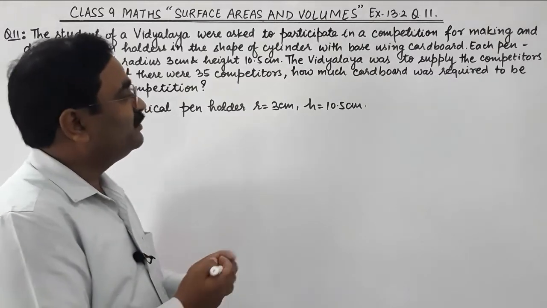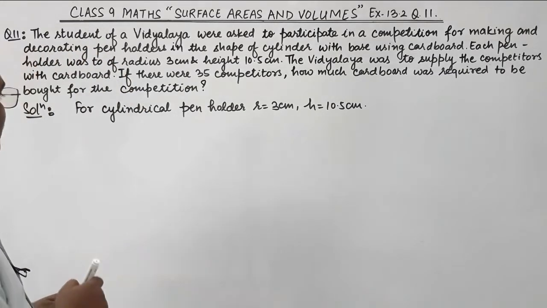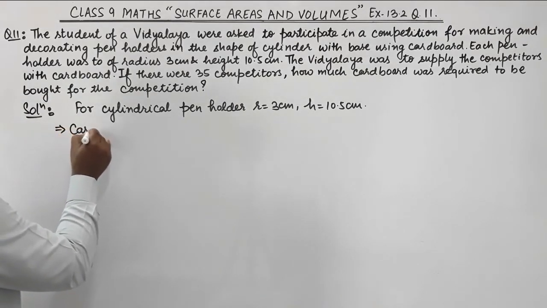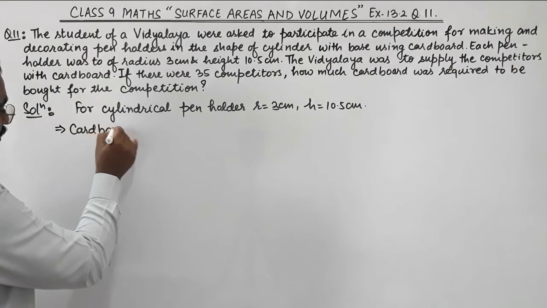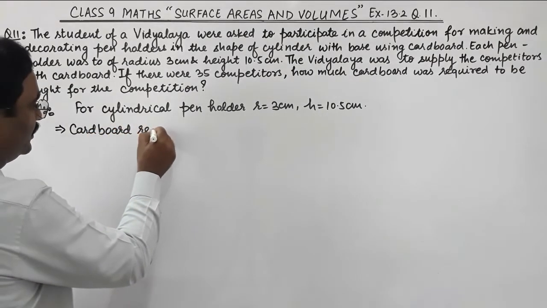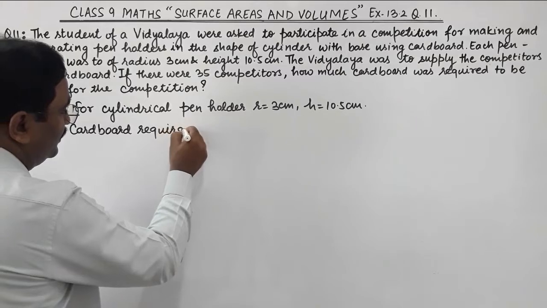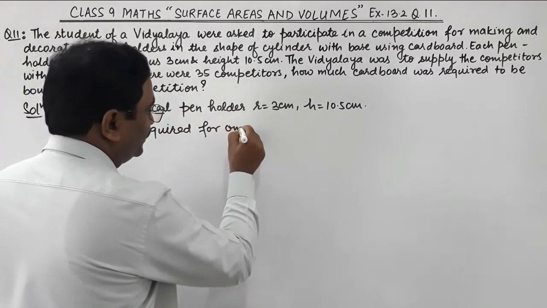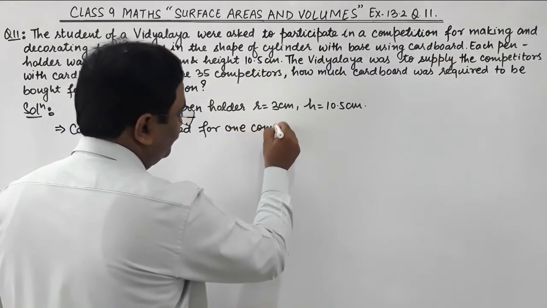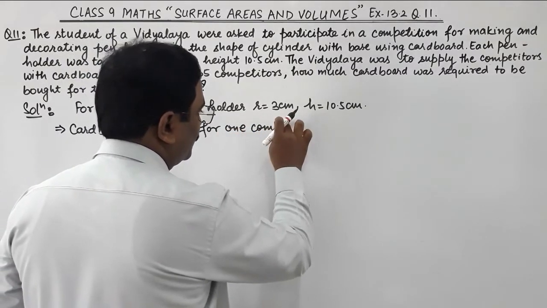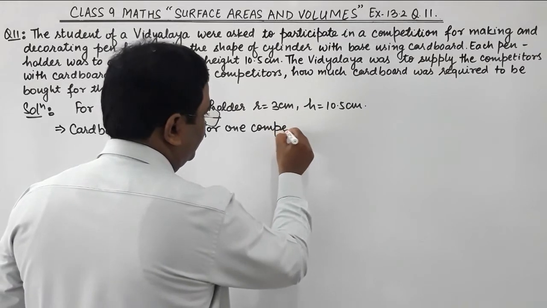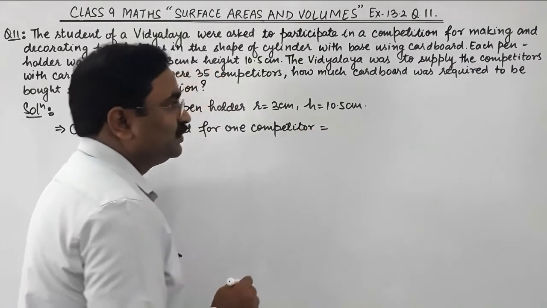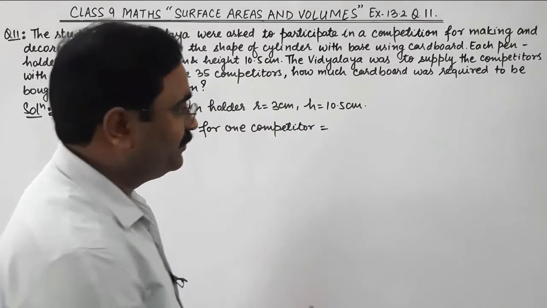So the cardboard required for one competitor is equal to the curved surface area of the cylinder plus the area of the base.